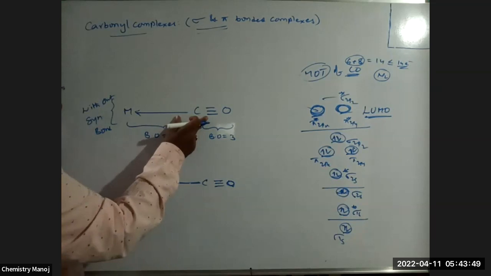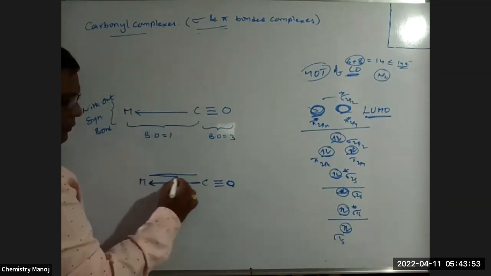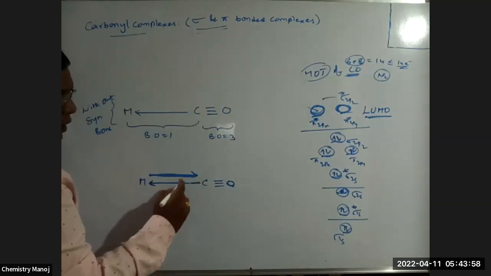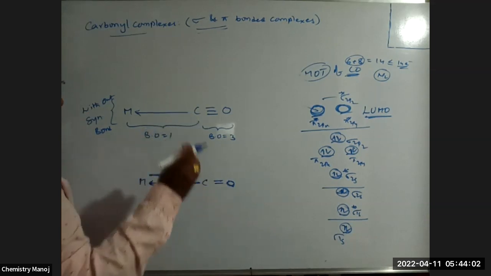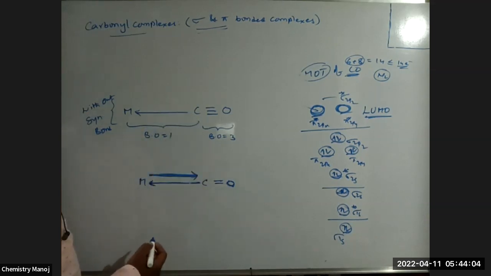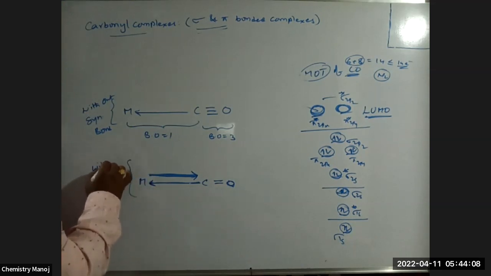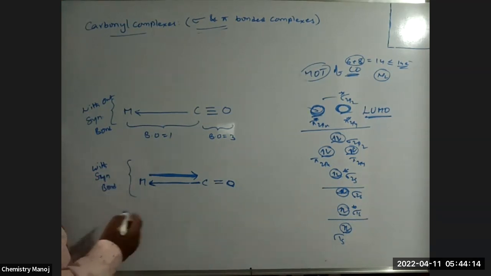That is the original case. But if the synergic bond is taking place, the bond order between metal and carbon increases. Automatically, the bond order between carbon and oxygen decreases. It is with the synergic bond only. Correct or wrong?